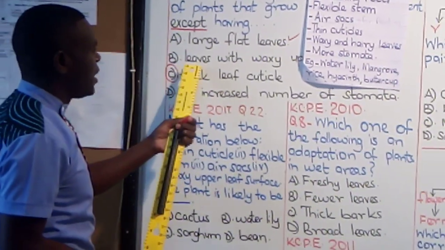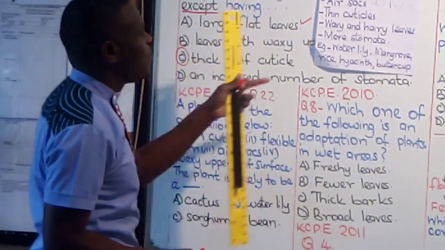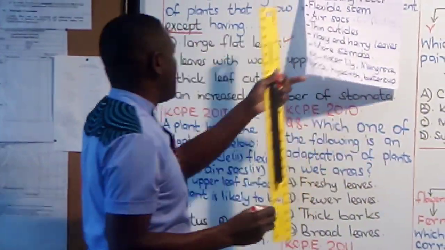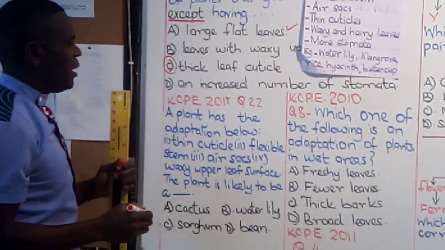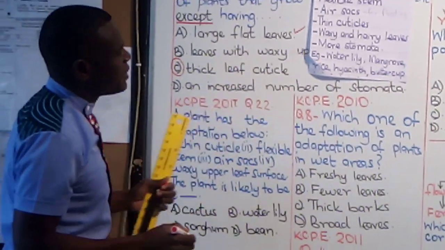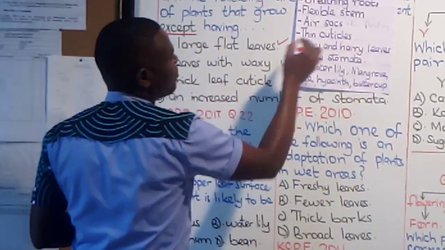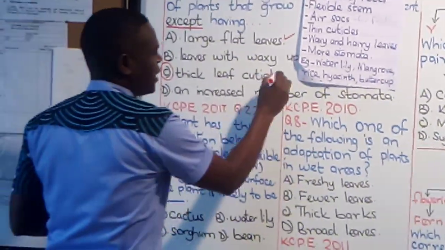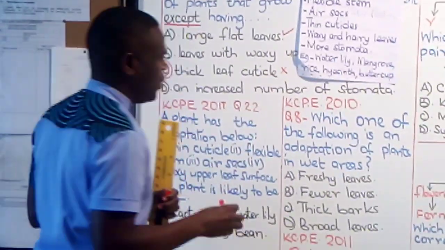Then we've got leaves with waxy upper surface. Correct? That is a plant in the wet area. Then thick leaf cuticles. Here we need thin cuticles in plants that grow in wet areas. So this one is not a plant in the wet area.